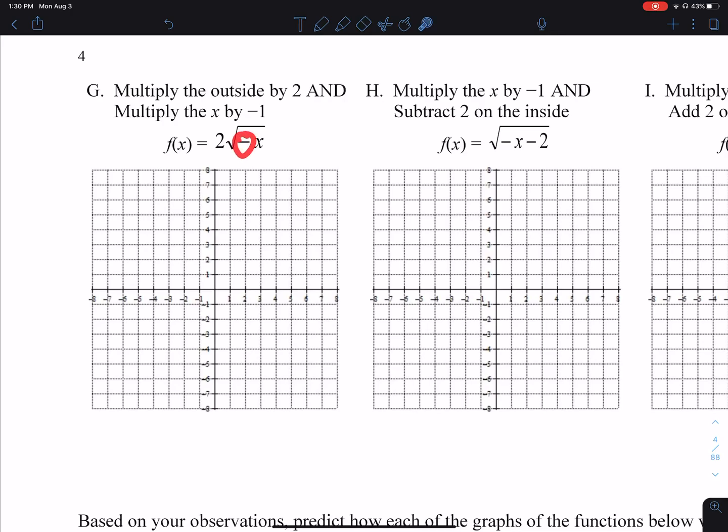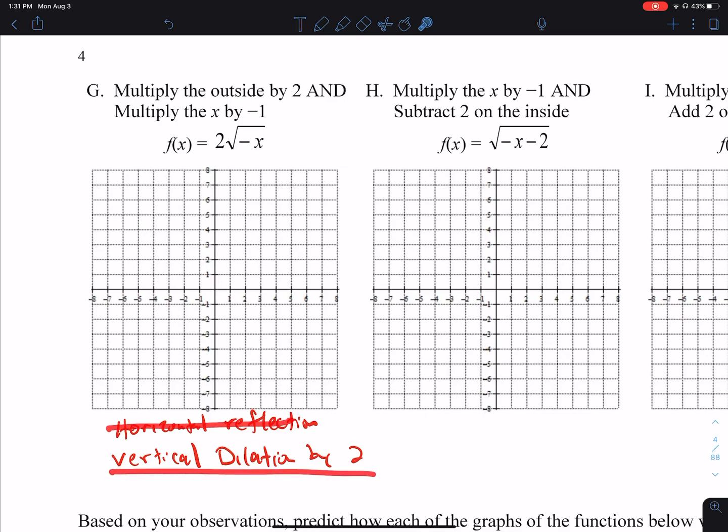This here is a horizontal reflection. This here is a vertical dilation by 2. Let's discuss each of these individually.